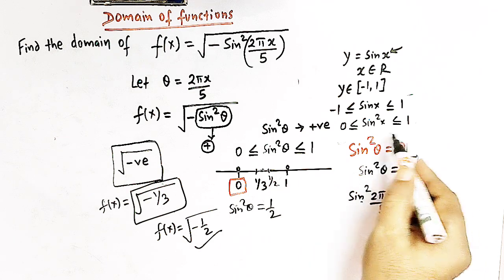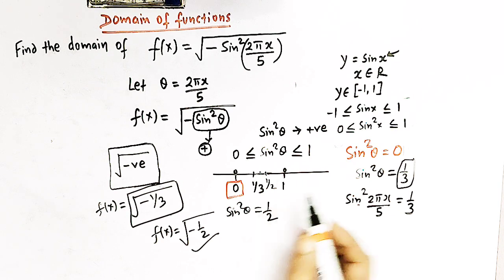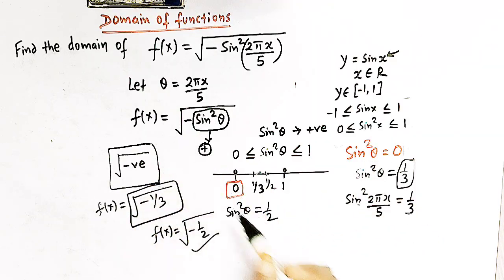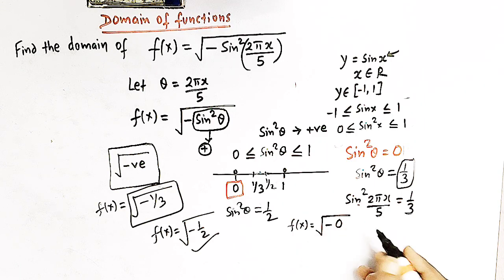So the only possibility is that sine square theta must be equal to 0, so that this function f of x can be defined in the set of real numbers. When we take sine square theta equal to 0 in this expression, then f of x is equal to square root of negative of 0, that is equal to square root of 0, that is equal to 0.